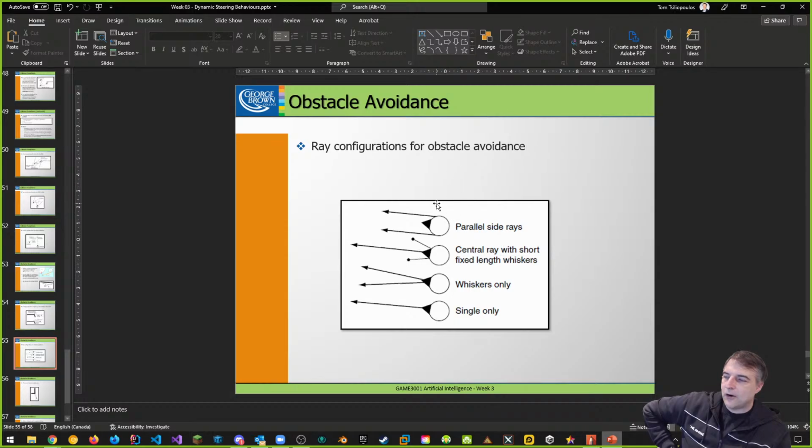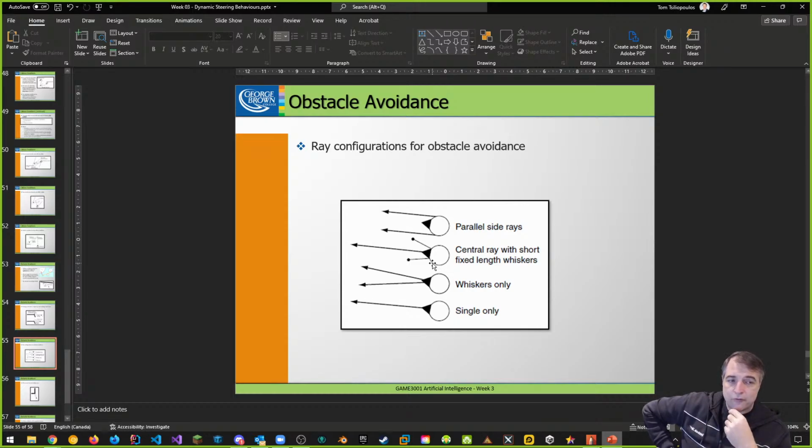There are also single rays, and other configurations that you can use as well. Side rays can be interesting for separation purposes, where you can cast a side ray. However, just to note, the more rays you cast per agent, and remember, this is per autonomous character, that's that many more checks and computations you have to make every frame to avoid collision with other obstacles.